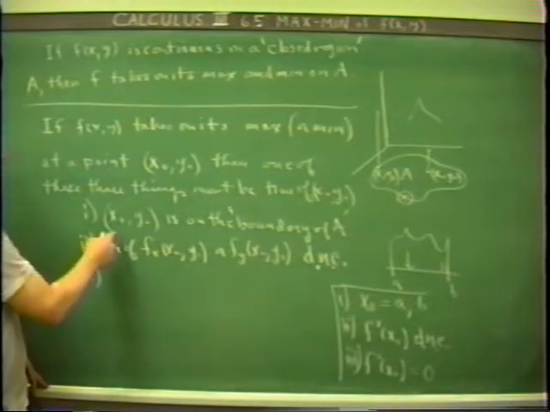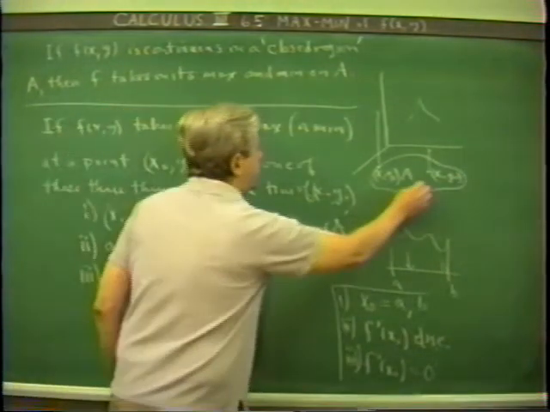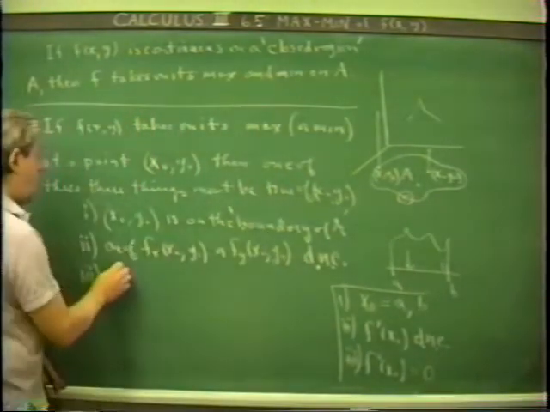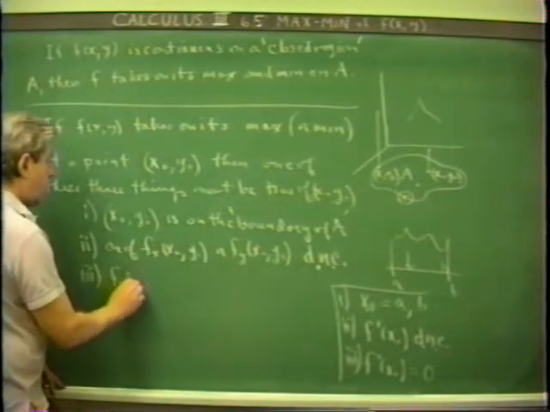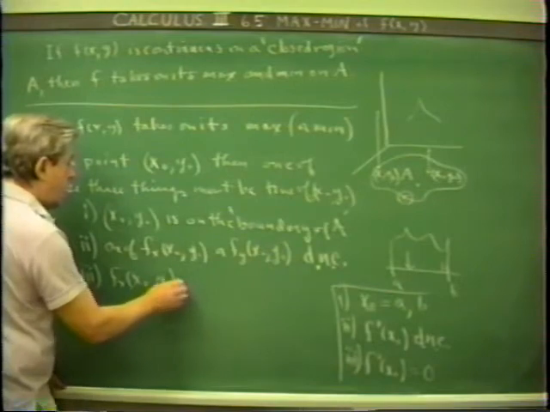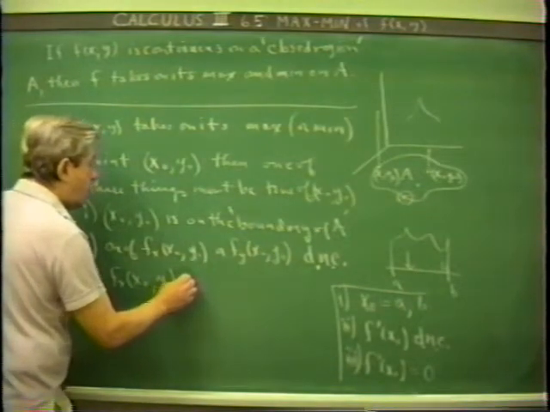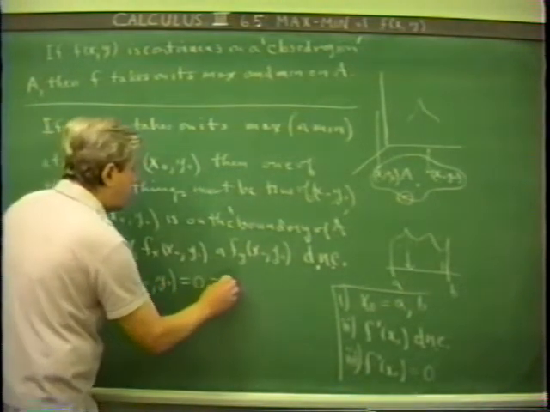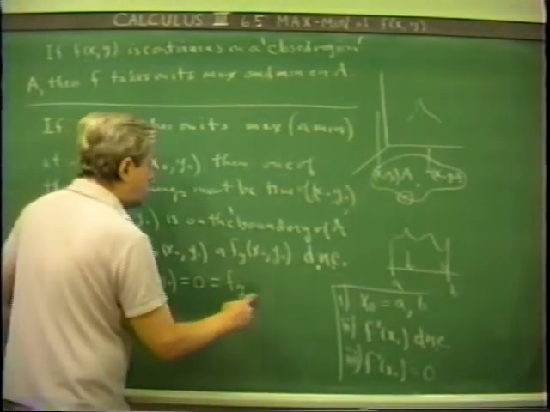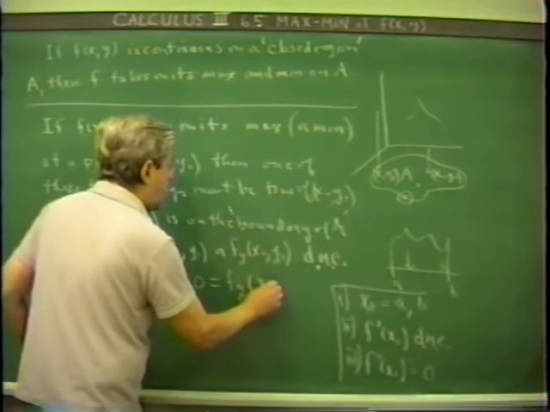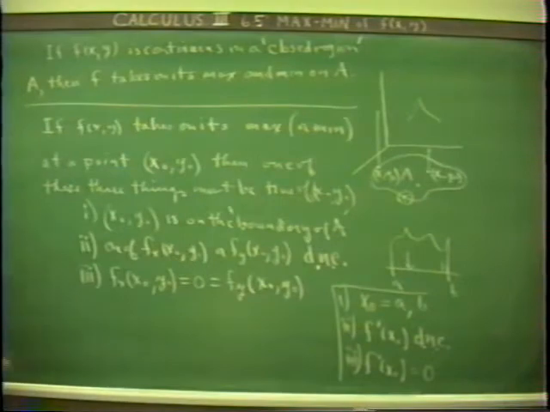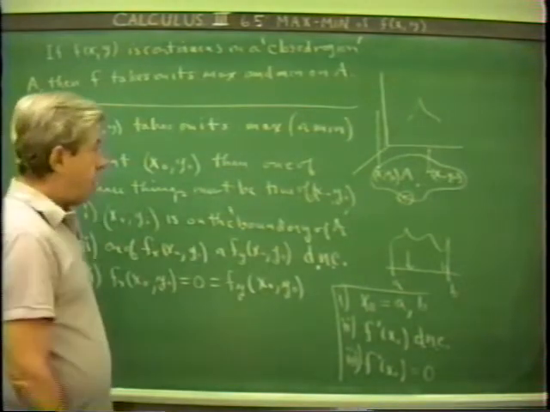The third one is, right, and the only possibility left is that you're looking at a point that's inside region A, and both partial derivatives exist, and in that case what must happen is the partial with respect to x at the point x naught, y naught, and the partial with respect to y must both equal 0. So the partial with respect to x at x naught, y naught is 0, and the partial with respect to y at x naught, y naught is 0.